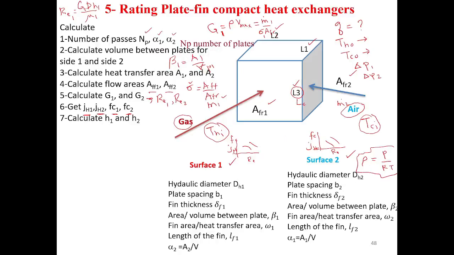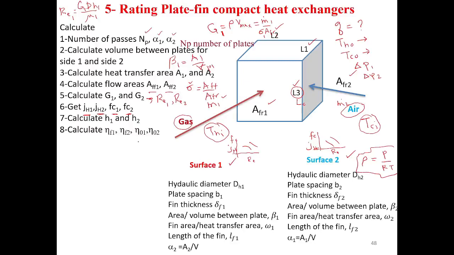Going back, just remember that you have to calculate all the properties that you need, as we said, specific heat, thermal conductivity, and so on, at some average temperature. Maybe it is going to be revised again after you do the first trial. Also, you have to calculate the fin efficiency and the overall surface efficiency, because you are talking about both sides. We are talking about a plate fin heat exchanger.